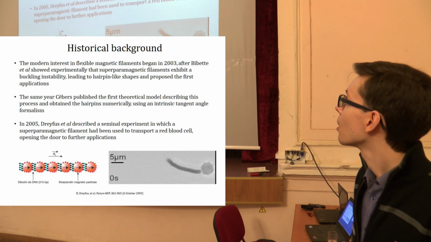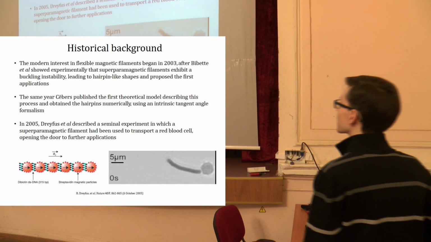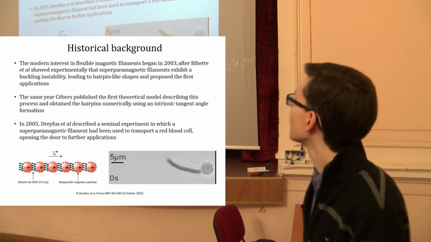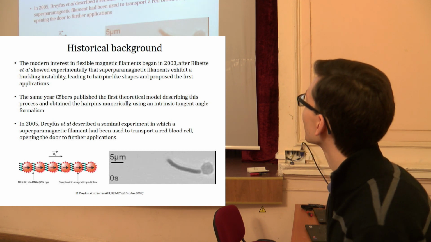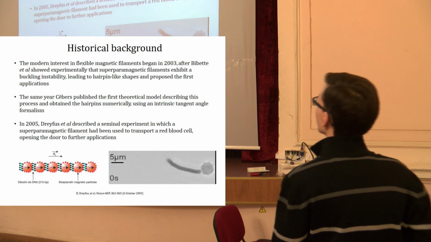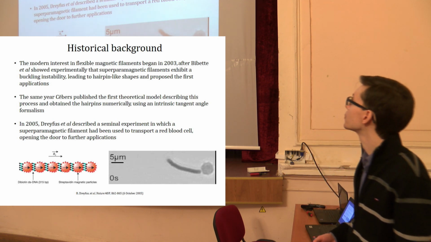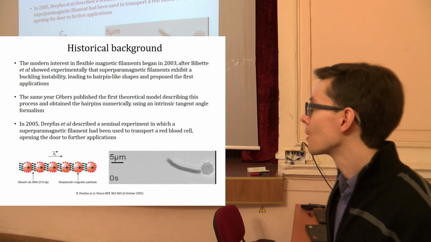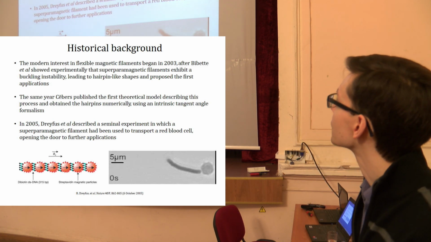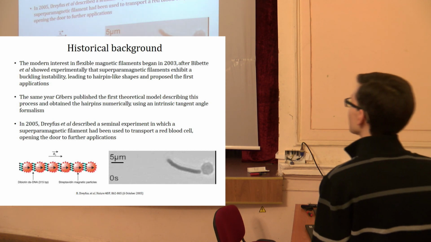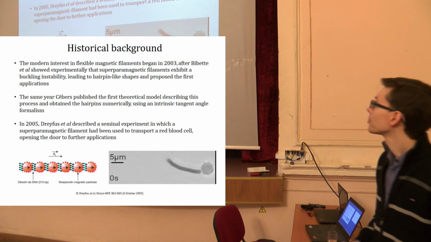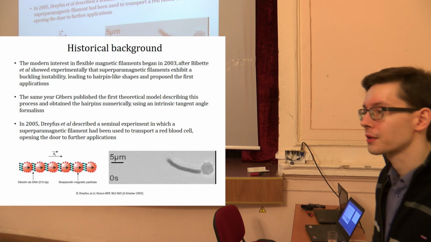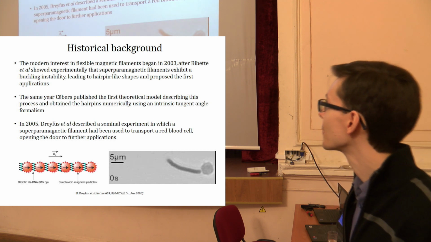The advent of the modern interest in magnetic filaments, I think, began in 2003, when the first paper describing a practical experiment where a superparamagnetic filament was used effectively as a sensor to describe the elastic properties of the linkers used to bind the superparamagnetic particles together was published, and in this experiment it was found that these filaments form characteristic metastable hairpin shapes.